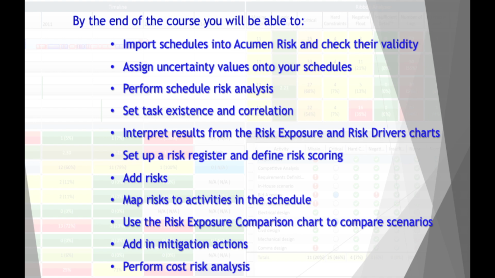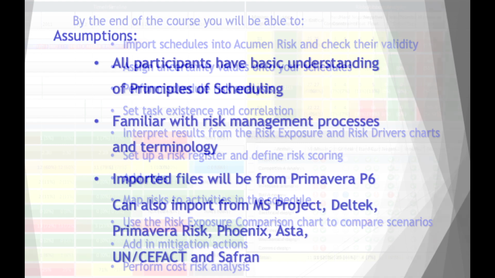Interpret results from the risk exposure and risk driver charts. Set up a risk register and define the risk scoring matrix. Add risks. Map risks to activities in the schedule. Use the risk exposure comparison chart to compare scenarios. Add in mitigation actions and perform cost risk analysis.